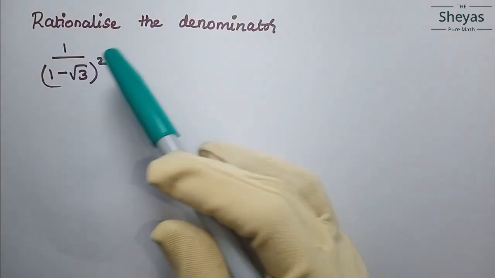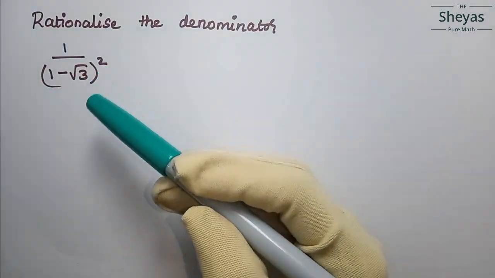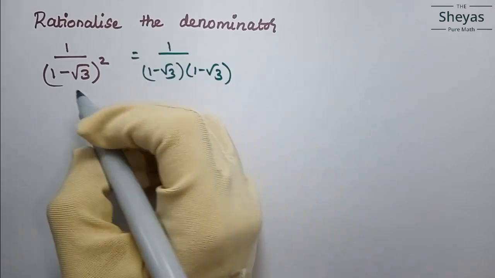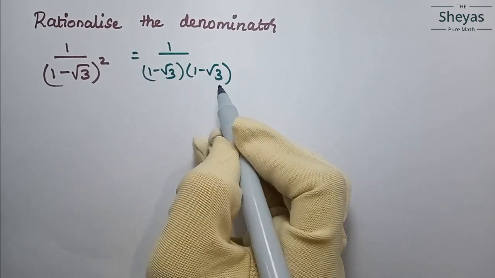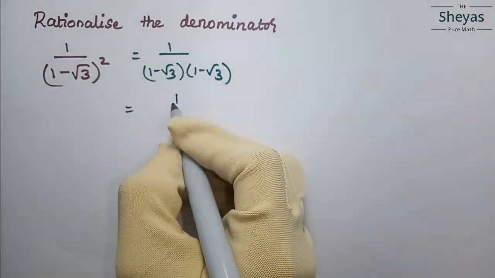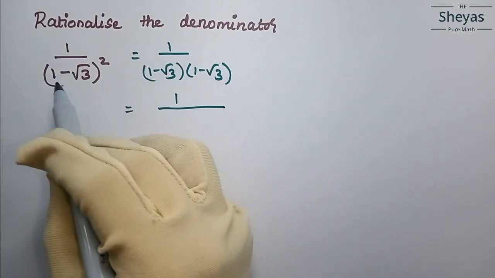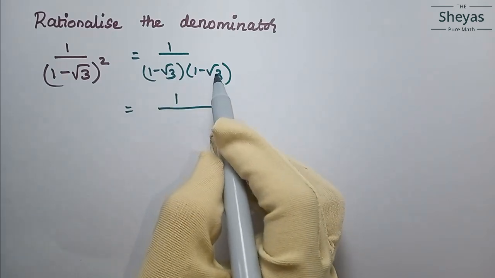So the next problem is rationalize the denominator 1 by root 3 the whole square. So what is the first step? I am expanding this square. I am writing separately 1 minus root 3 into 1 minus root 3. Since it is a square, we should not change to the conjugate now.